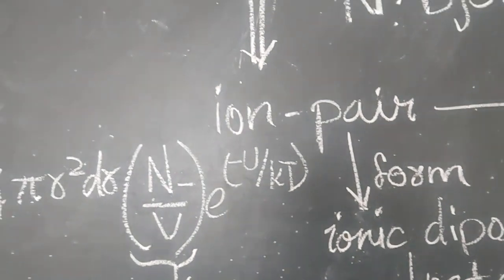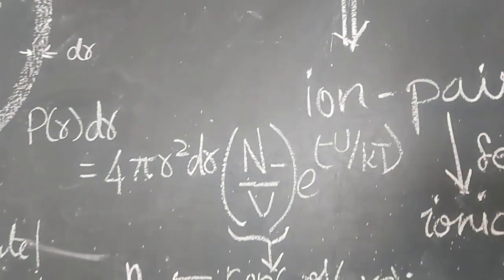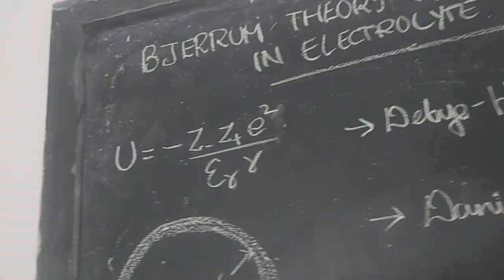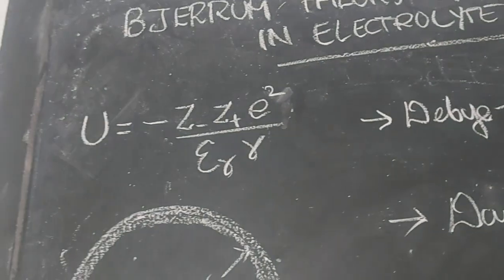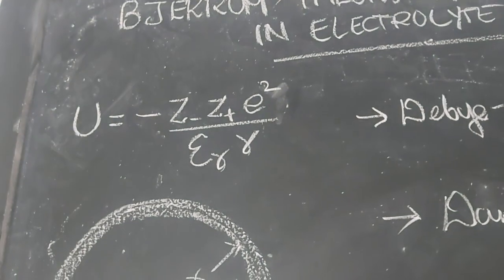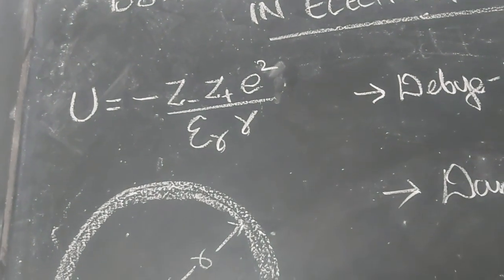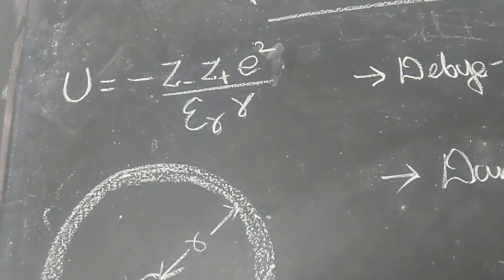This minus u divided by kT involves the Boltzmann constant, and u is given by minus z minus z plus e square divided by epsilon r into r, where z minus is the charge of the negative ion, z plus is the charge of the positive ion, e is the electron charge, epsilon r is the permittivity of the medium, and r is the radius of the spherical shell.